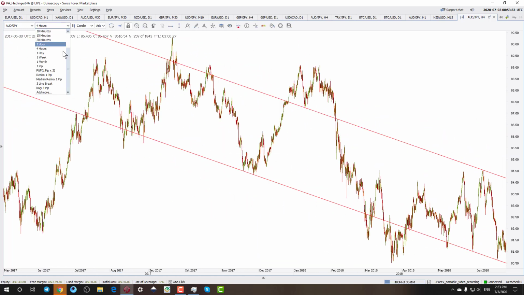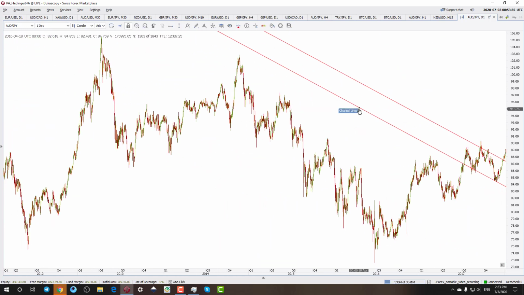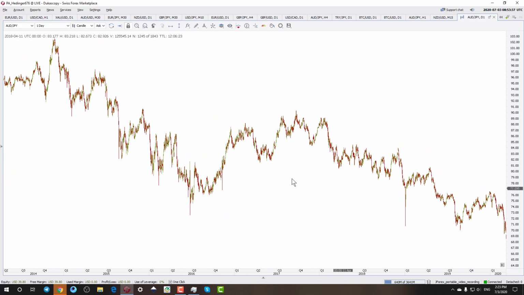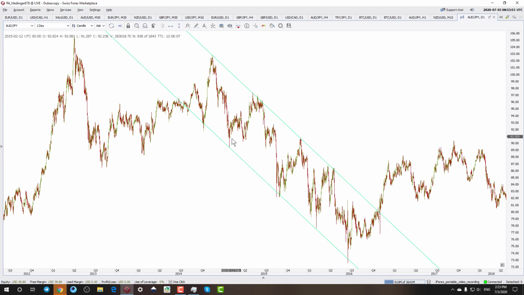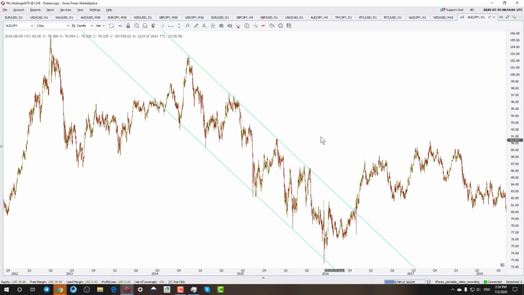The same way, if you switch to the daily chart, I'll just take away these, and then you see here, you join this high with this low, and you will notice that the price, from when it started this channel, was moving in the same channel from December 2014 to December 2016, almost 2 years.